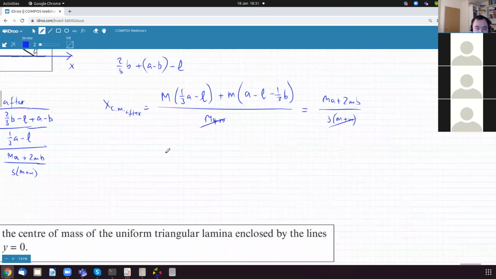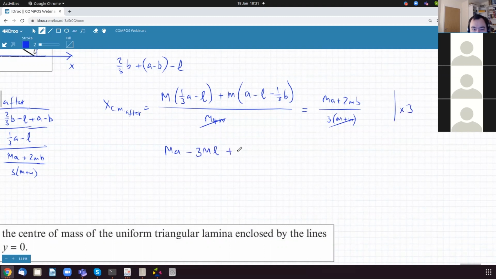So it's going to be MA minus 3ML. I'm multiplying the top left and right by 3. So multiply by 3 as well.